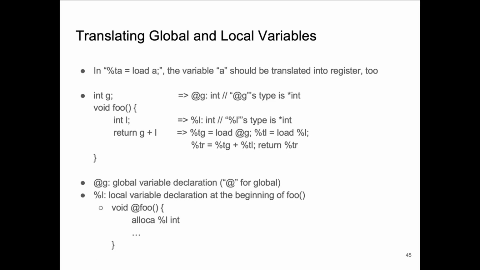So the type of this %L is a pointer to integer instead of just integer. The reason why both @g and %L have type pointer to integer is that you can take the address of those variables. Because you can take an address, it should have a pointer value.